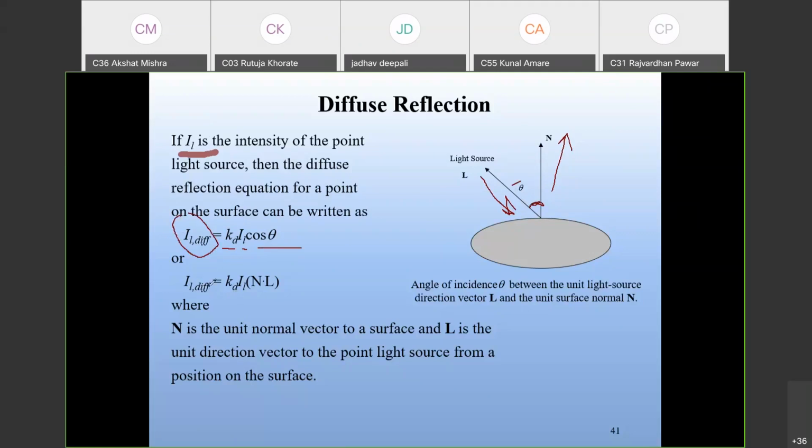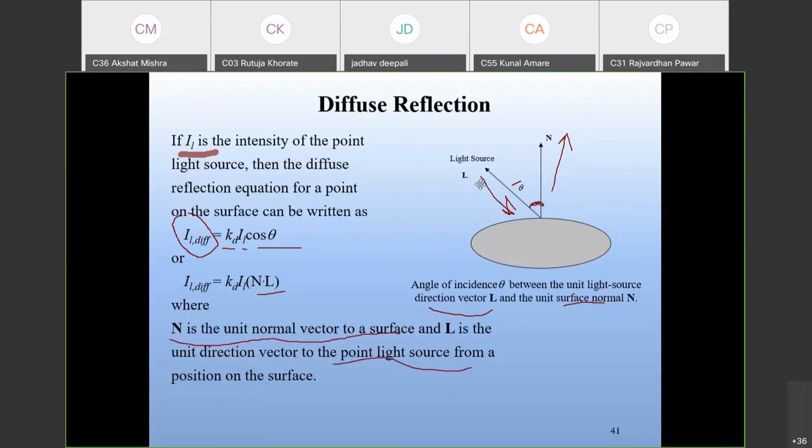Or it is like this: I diffuse equals Kd IL (N · L). N is the unit normal vector to the surface, or surface normal, and L is the unit direction vector to the point light source from a position on the surface.